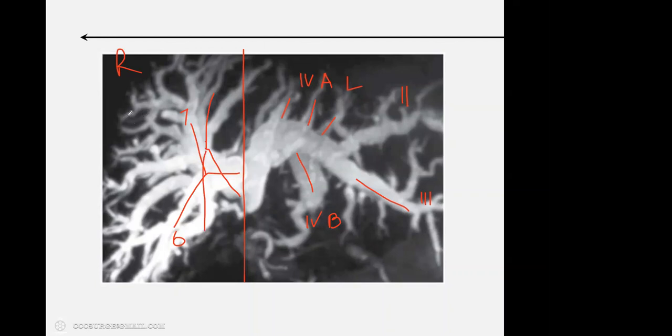So probably this is the area of 7, this is the area of 8, this is the area of 6, and this is the area of 5. The lateral aspect of the right lobe, the right posterior sectoral duct is horizontal, whereas the medial, the anterior sectoral duct is coursing vertically and dividing into 8 and 5, which are more medially situated.